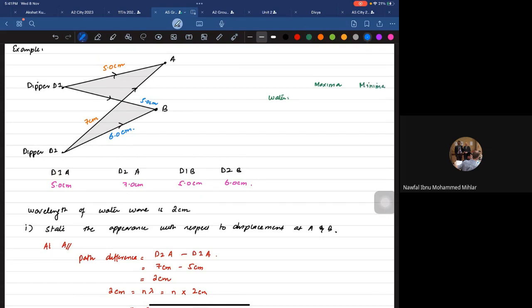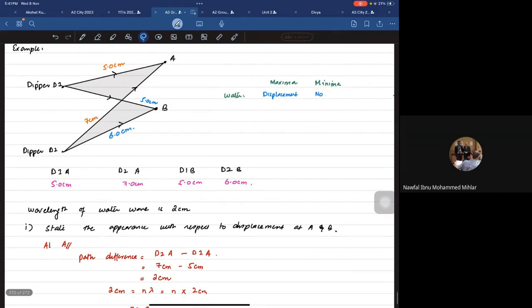For water, you say displacement or no displacement. Is it clear? If they give you light, for instance, you can call these maxima as bright spot and dark spot.